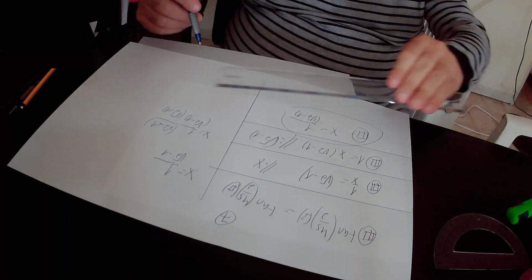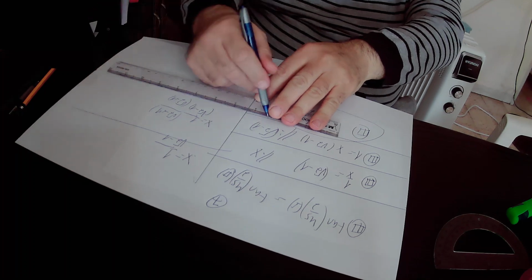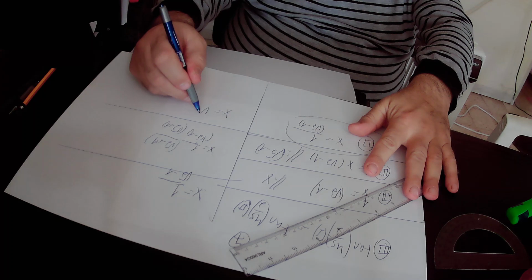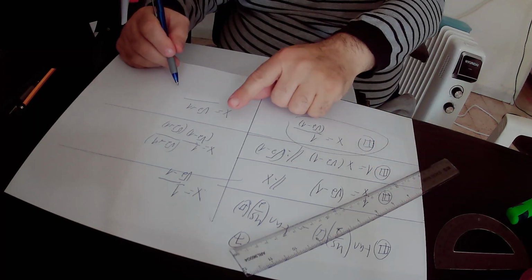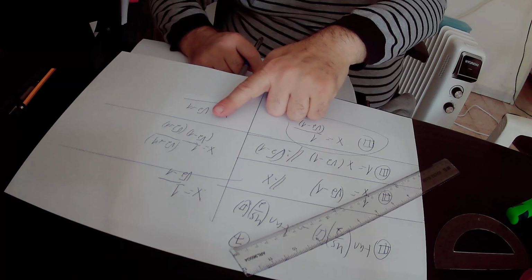And we get here that x equals, in the numerator we have square root of 2 plus 1 over, in the denominator we have square root of 2 minus 1 times square root of 2 plus 1.